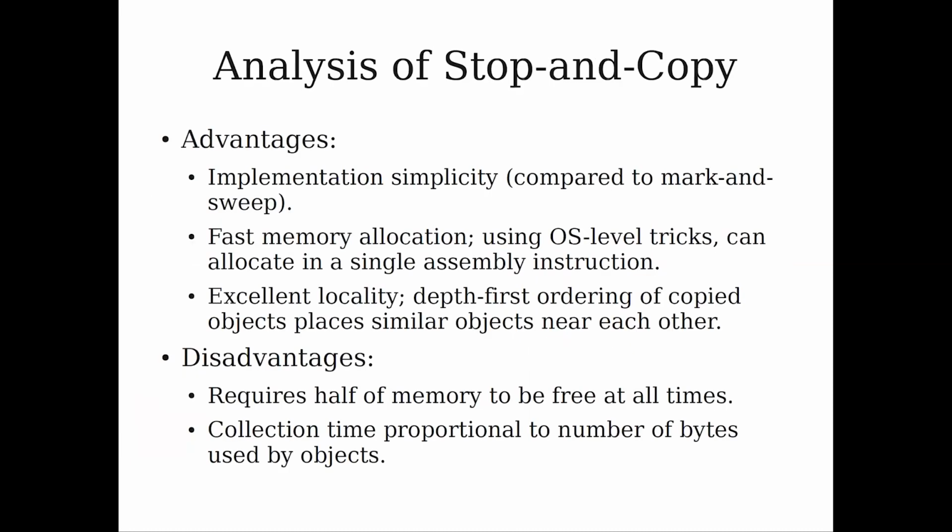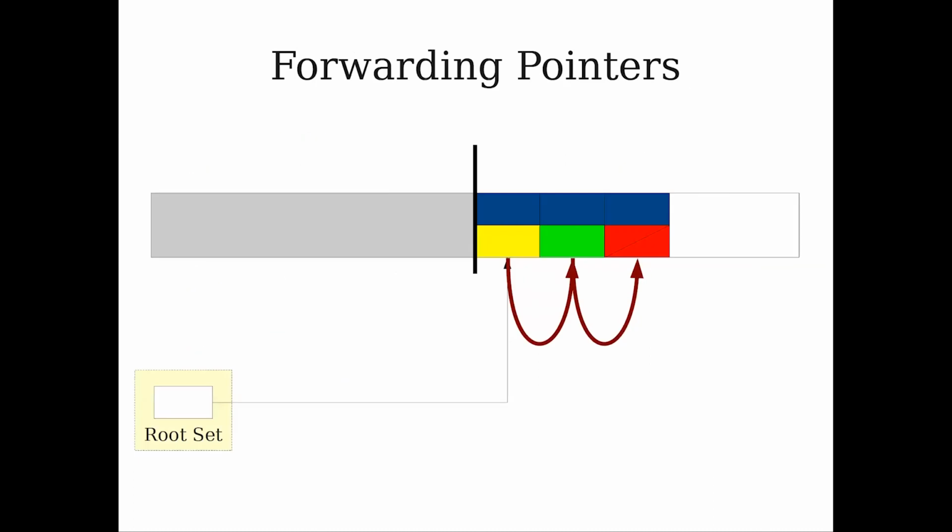Quickly, the advantages: again, simplicity. It's quite fast when you are allocating memory, almost zero overhead, and it has excellent locality. After every garbage collection, all your objects are allocated together, and the objects which refer to each other are allocated together, because we go in some kind of depth first order.